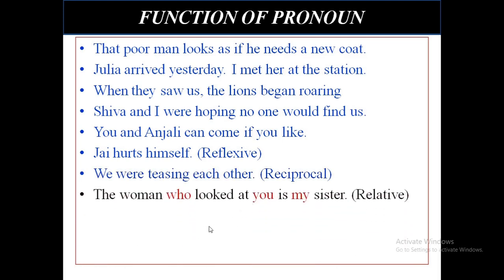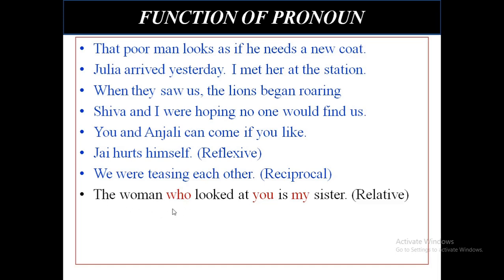Now one more example. The woman who looked at you is my sister. Here the word who refers to woman, which is mentioned earlier, so that is called a relative pronoun.